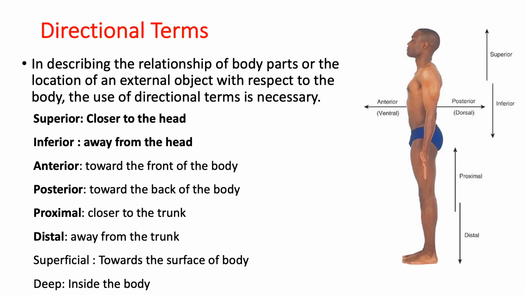Now coming to the directional terms. These are the terms you should know because they describe the relationship of body parts, or the location of an external object, with respect to the body. When you are defining some body part, you should use these terminologies so that you can pinpoint and specify the point or body position you are talking about.